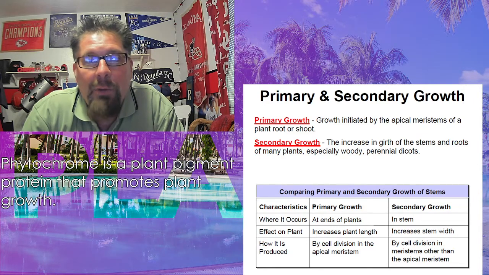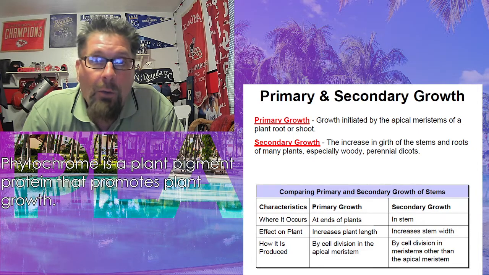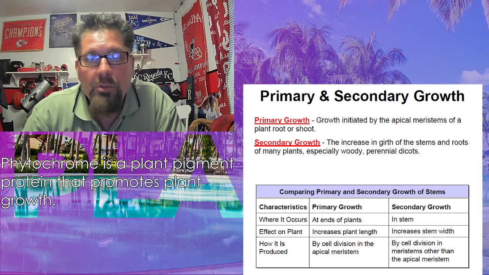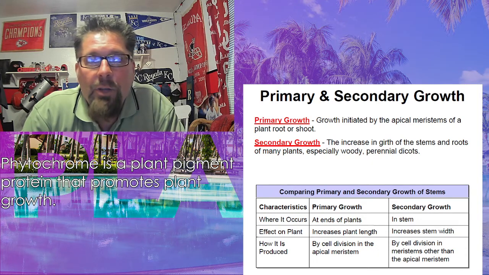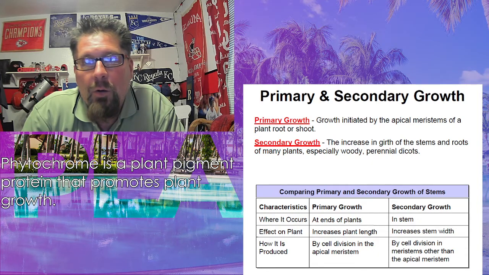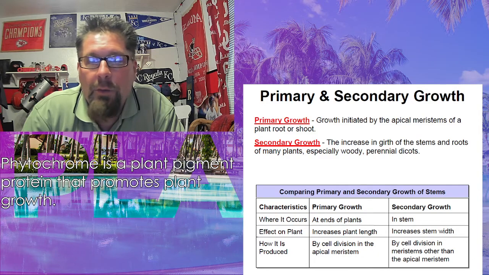That's primary growth. Upwards, and downwards in the case of roots. Secondary growth is width, or girth, widening of the plant. So like a tree, its primary growth gives it its height, and its secondary growth is what gives it its width or girth.